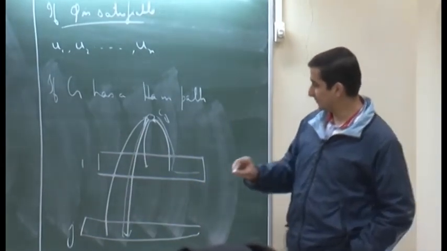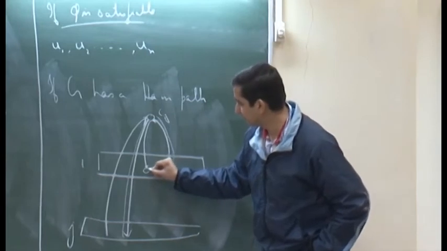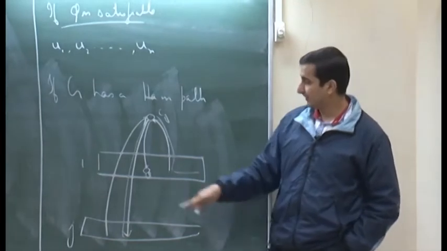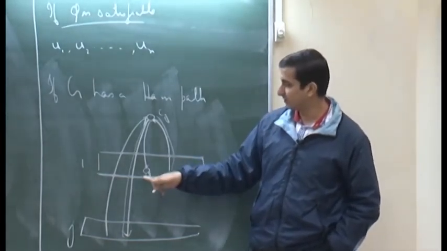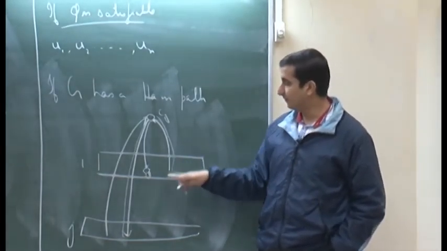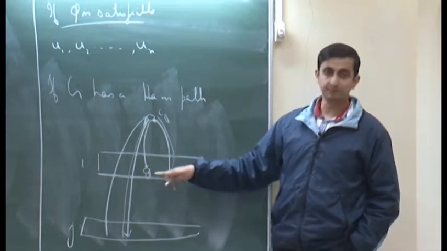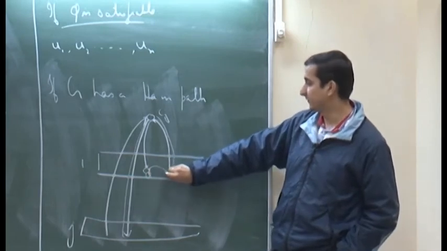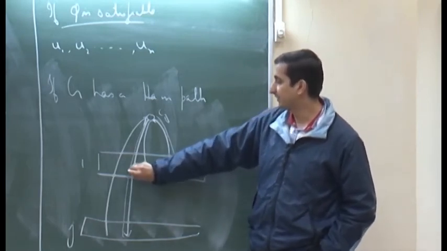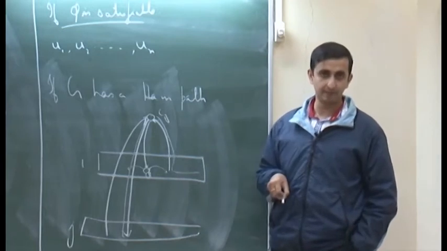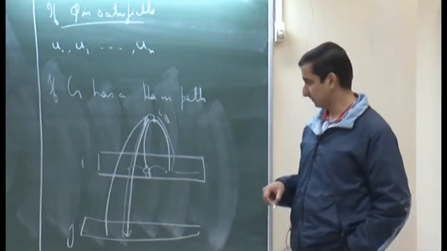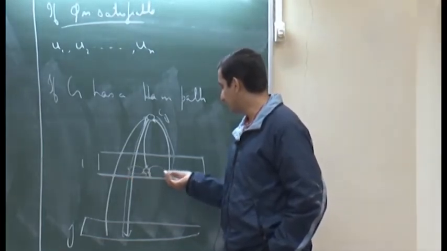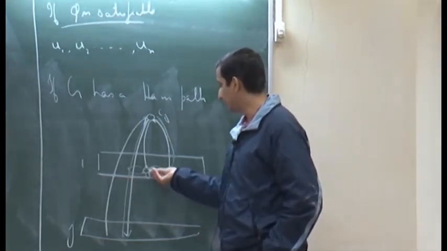Then just consider this vertex. Let us call this vertex V. What happens to this vertex? There is no way in which your Hamiltonian path can visit V, because what are the outgoing edges out of V? There is one outgoing edge coming to this vertex and one outgoing edge coming to this vertex over here. And what are the incoming edges? There is one incoming edge from here and one incoming edge from here.